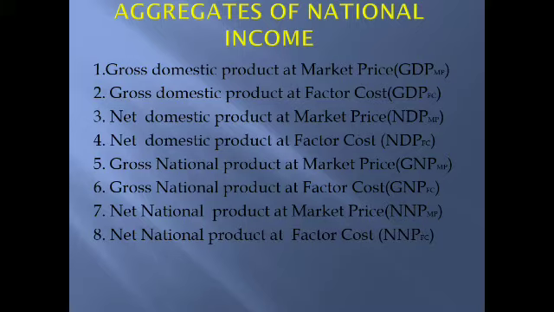The fifth one and sixth one, that is gross national product. Both are gross national product. The fifth one is at market price and the sixth one is at factor cost. Now you see the seventh and eighth one, that is net national product. So net national product at market price and net national product at factor cost. So you have to learn these aggregates very well. You must know them thoroughly.